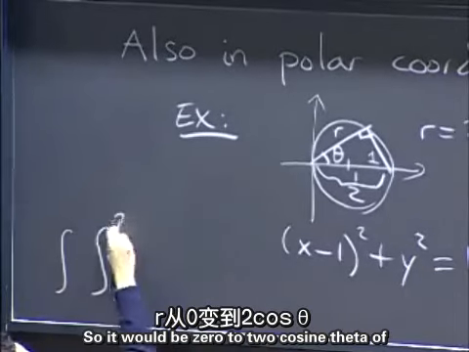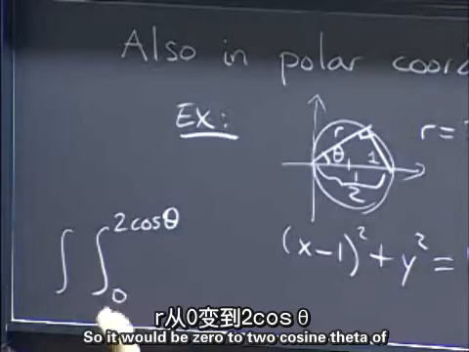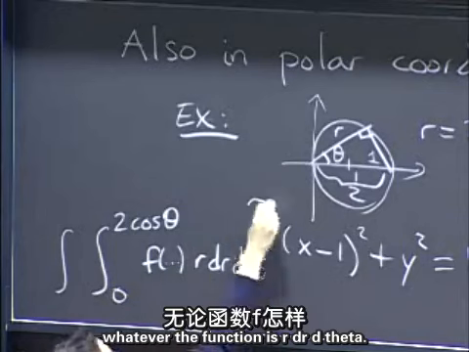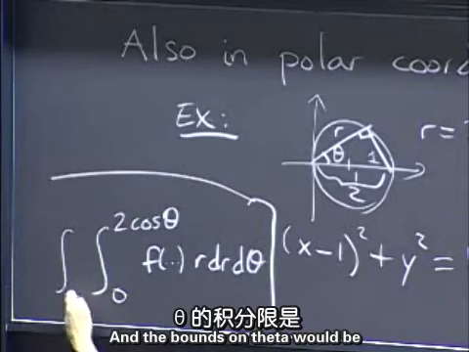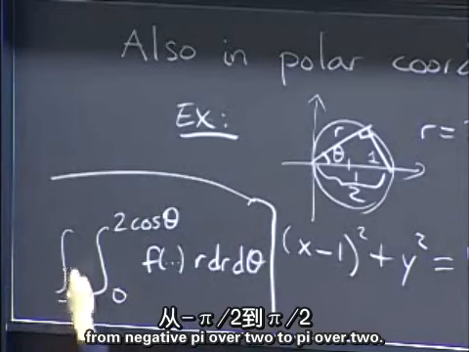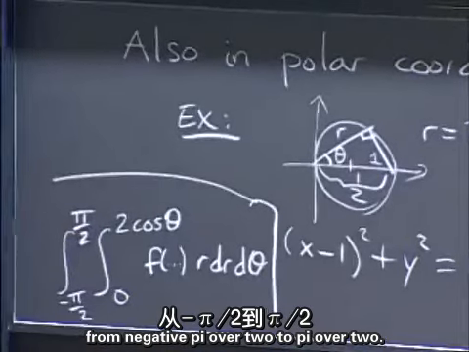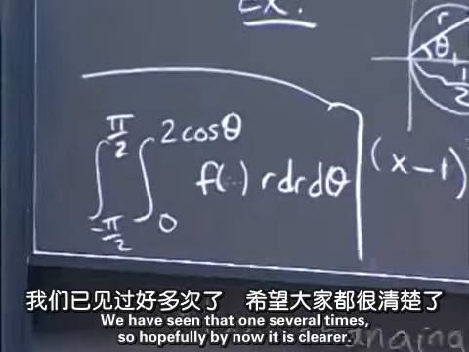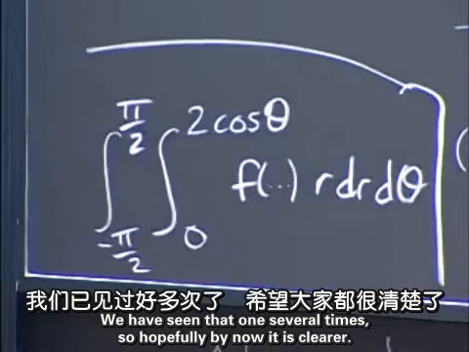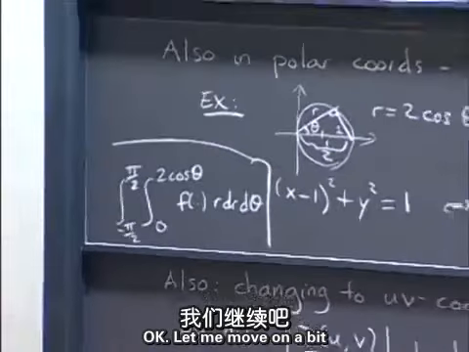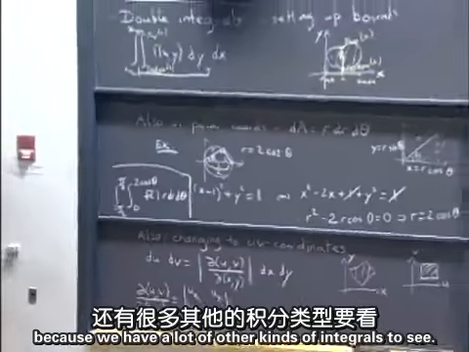So that would be 0 to 2 cosine theta of whatever the function is, r dr d theta. And the bounds on theta would be from negative pi over 2 to pi over 2. Okay? We've seen that one several times, so hopefully by now it's clearer. Okay, let me move on a bit because we have a lot of other kinds of integrals to see.